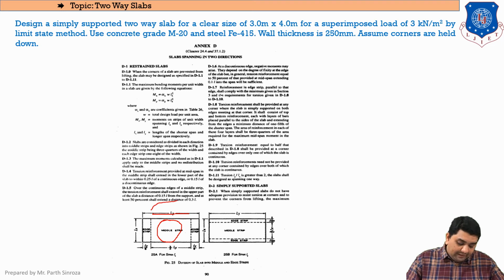And if we are providing our bar in this middle strip, our bar will not extend till the supports. So for restrained slabs there is no provision to provide bent up bars. So our PT check, that it should be greater than 0.24, will not be applicable in this case. Clear? This is the major change that we will be dealing with.